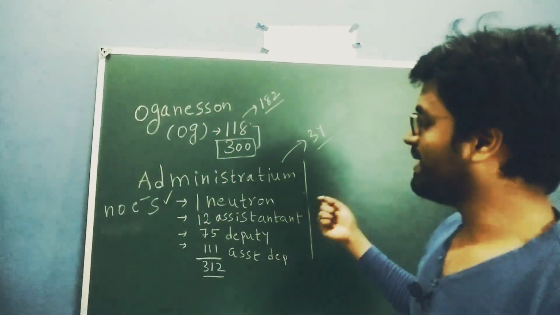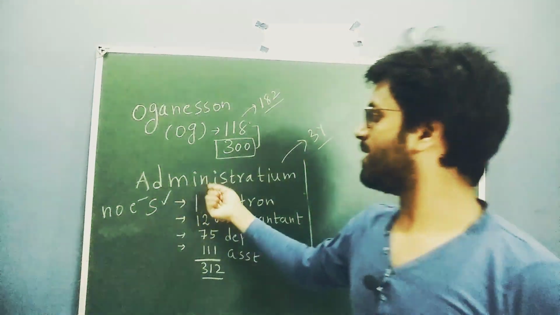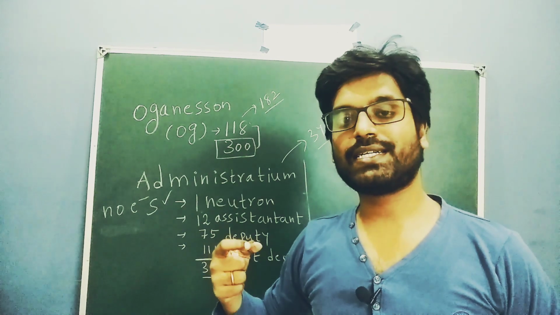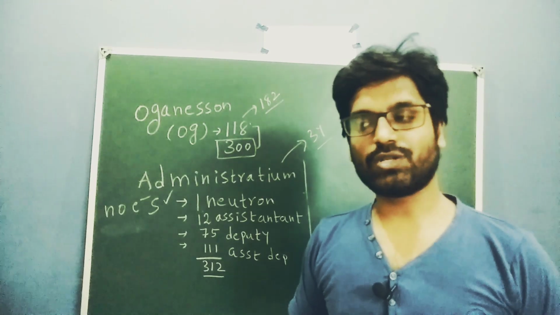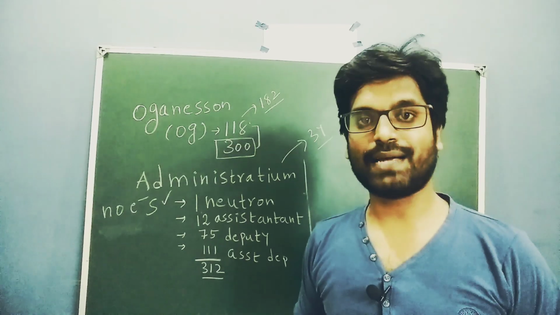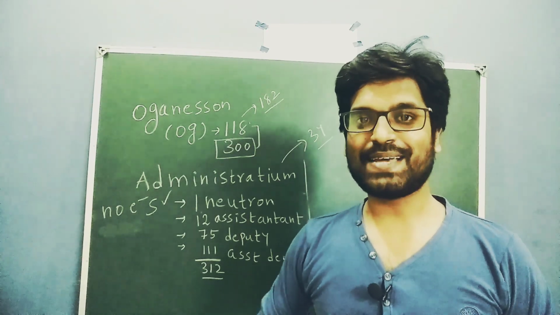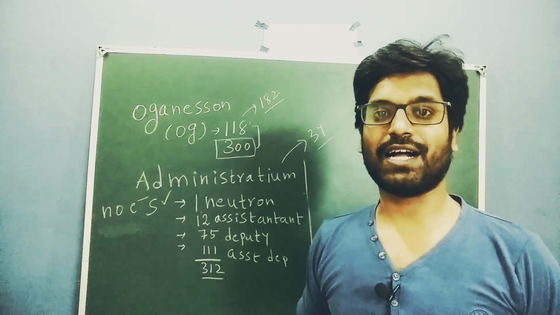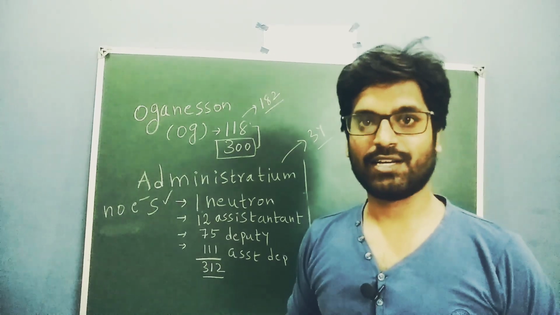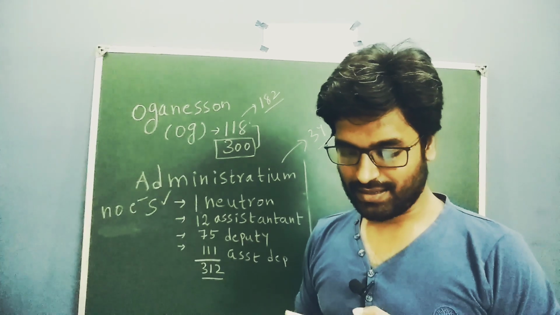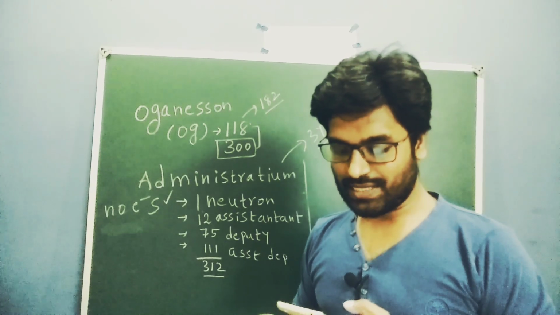So whenever any element comes into contact with this administration, it will take more time to complete, like a first order reaction in chemical kinetics, right? Because a first order reaction takes infinite time to complete. In the same way, this administration will take so much time to complete the reaction. So that is another drawback, okay.